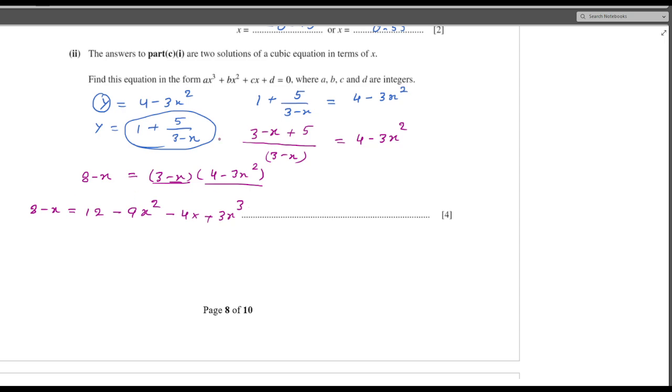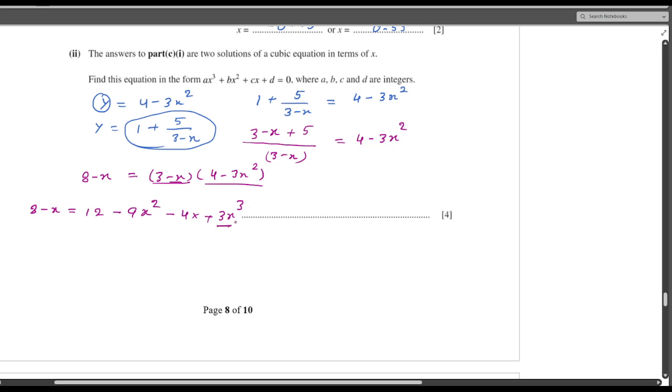Wherever you have x cubed positive, that side you move everything. So your final equation will be 3x cubed minus 9x squared. This minus x is going to move to the right side, so it will become plus x.